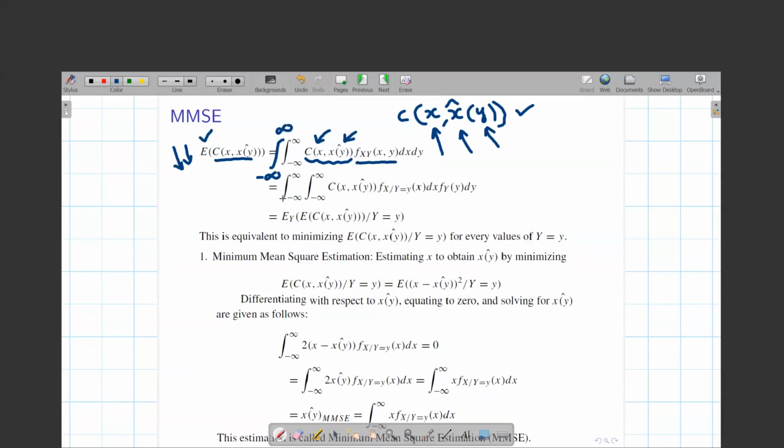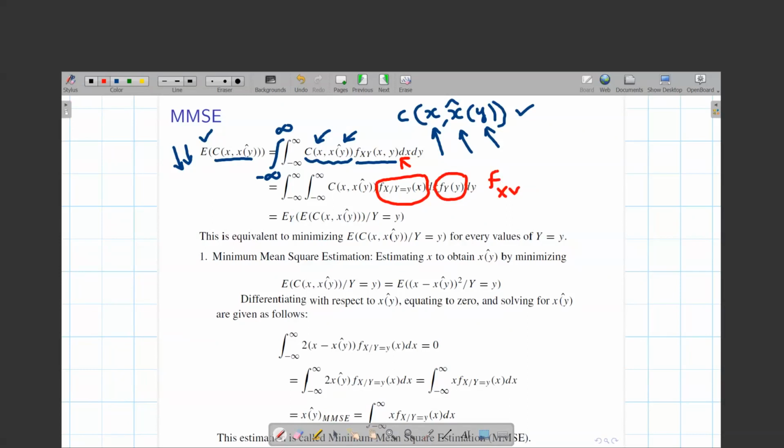Now we are trying to represent this joint density function as the conditional density function multiplied with the marginal density function. This is using Bayes' rule.